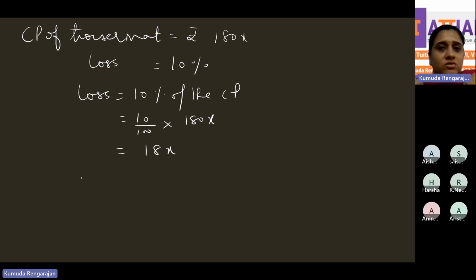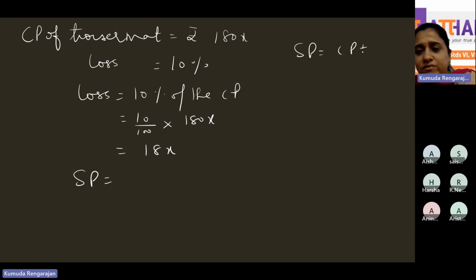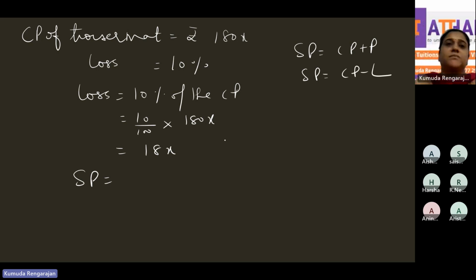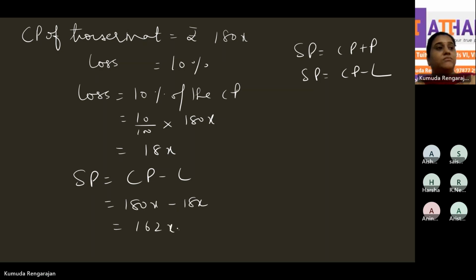This is the loss. Now selling price: if it is profit, selling price is equal to CP plus profit. If it's a loss, selling price is equal to CP minus loss. So that is 180x minus 18x, 162x.